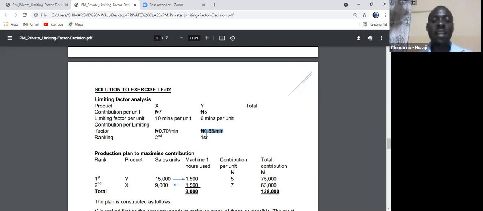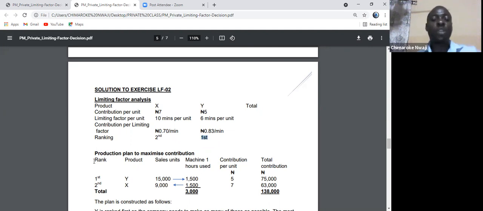It is Y. And so we have ranked them. Y will be satisfied first, so it means that we will satisfy Y as much as possible. Then we'll now go to X. And that's the production plan.